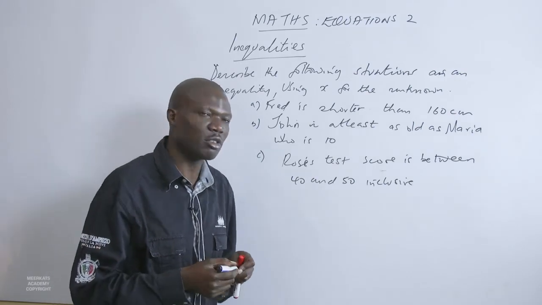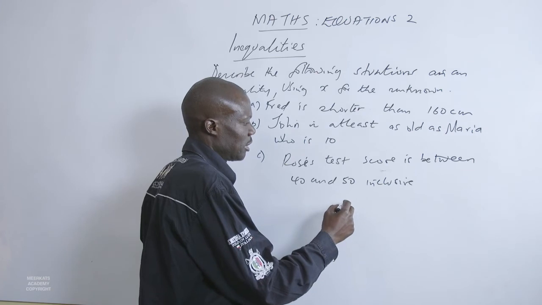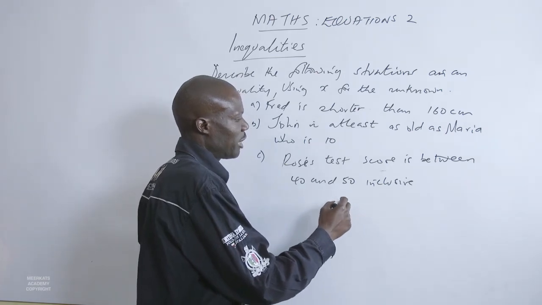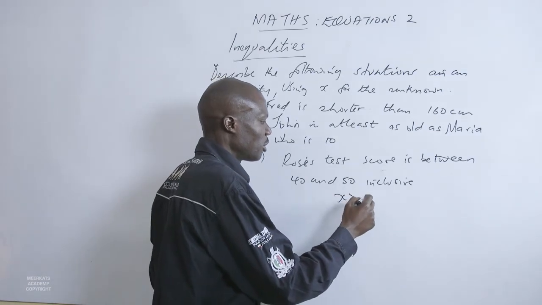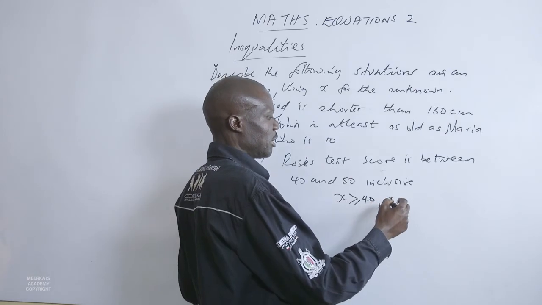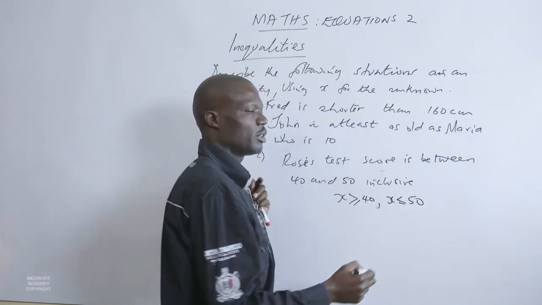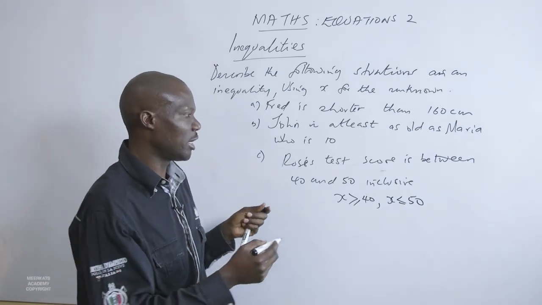So for this case, we find that x is greater than or equal to 40, but also x is less than or equal to 50. So we need to bring this statement to be one and show us the range here.